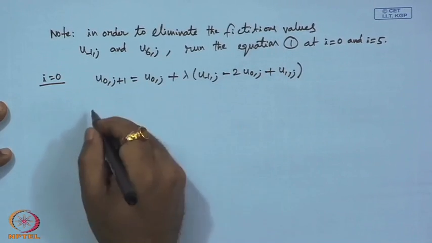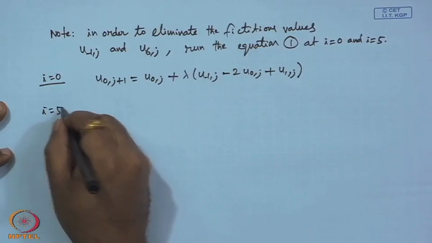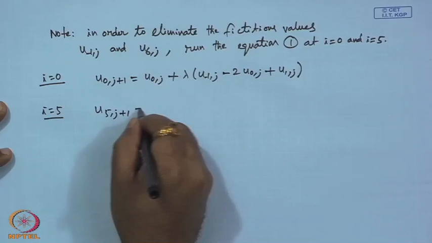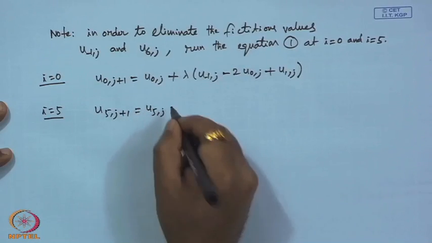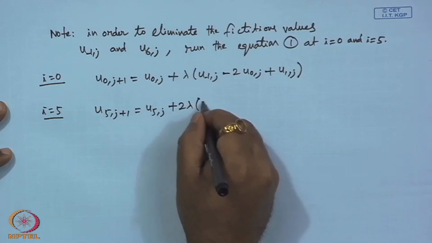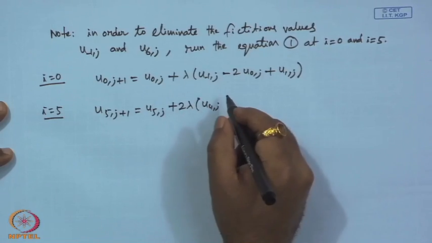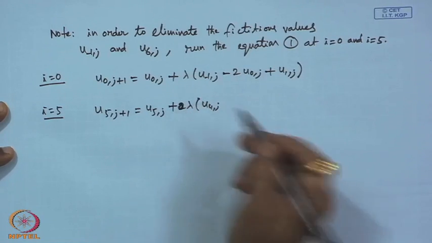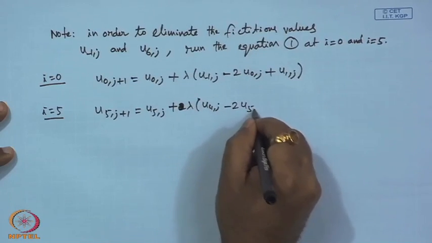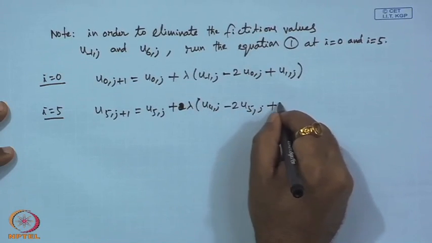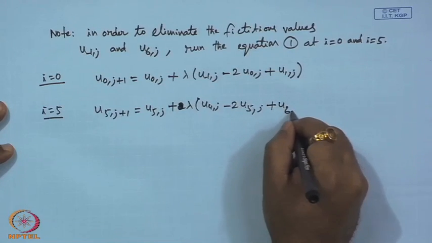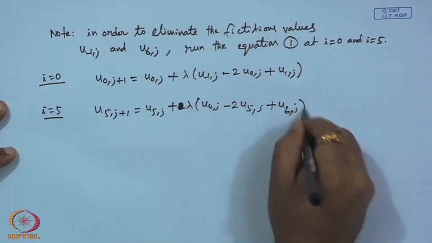okay, then similarly, I am sorry, this is lambda u 6 j.